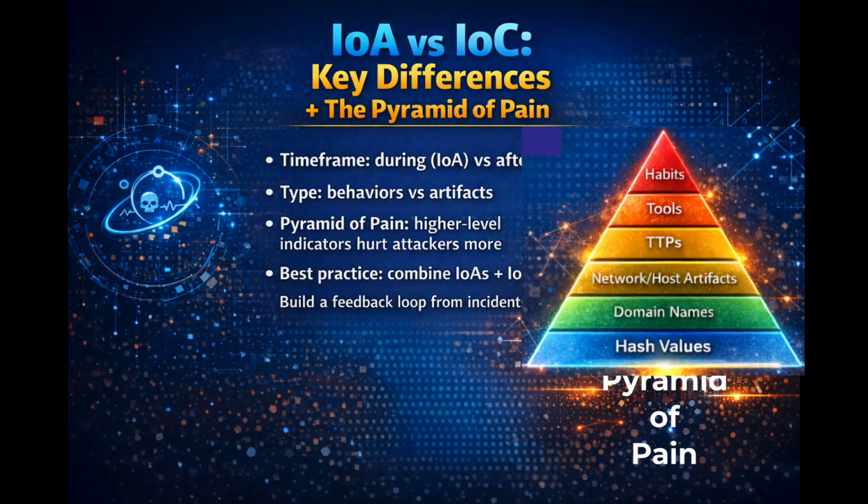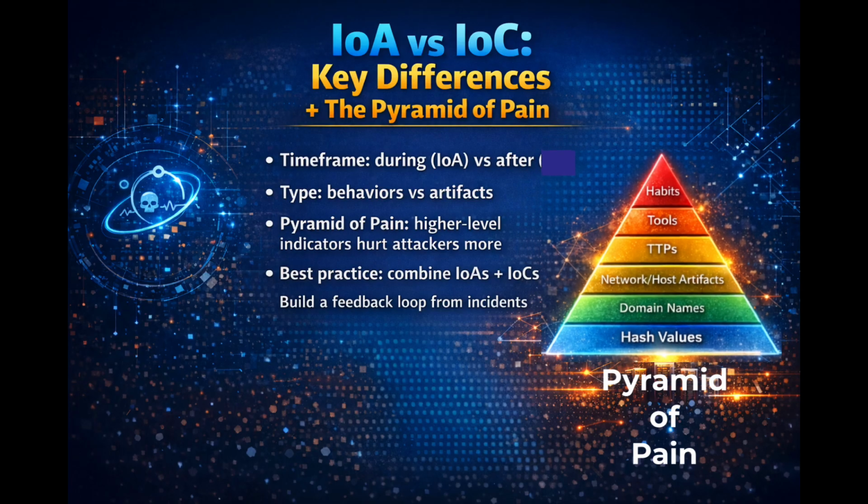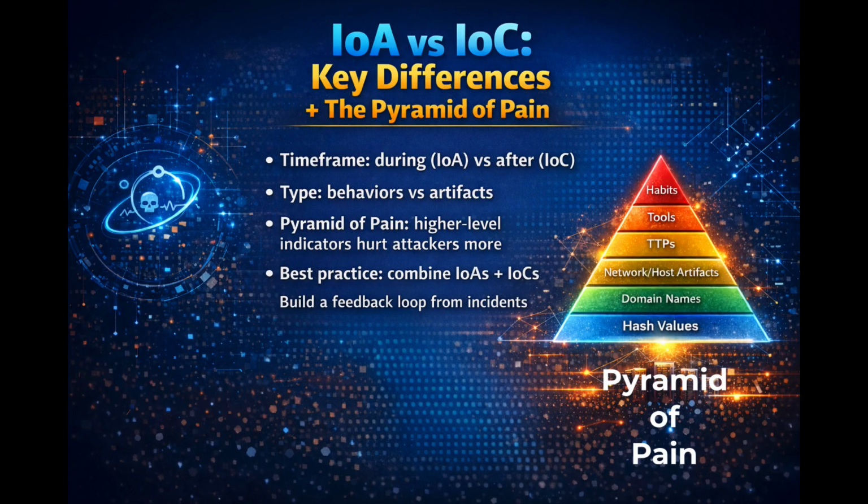This connects to David Bianco's pyramid of pain. Indicators like hashes and IPs are typically easier for attackers to change. Higher-level indicators like host artifacts, tools, and especially TTPs create more pain for the attacker because changing them costs time, money, and capability. So which is better? Neither. The strongest programs combine them.